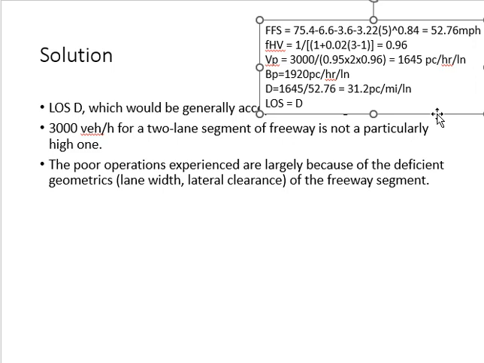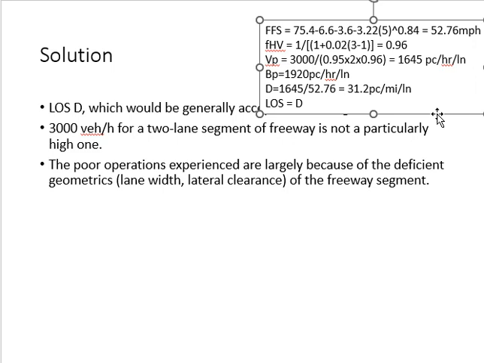Now, what is the range of levels of service from A to E? We have D. Is that the lower side or the higher side of the level of service? Lower. It's low, right? My speed is so good, and the level of service is towards the low side.